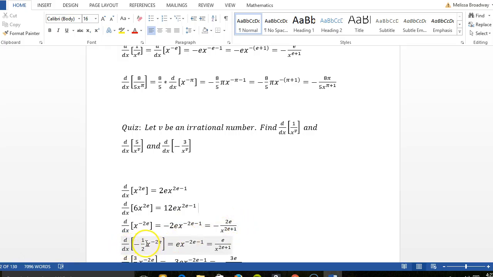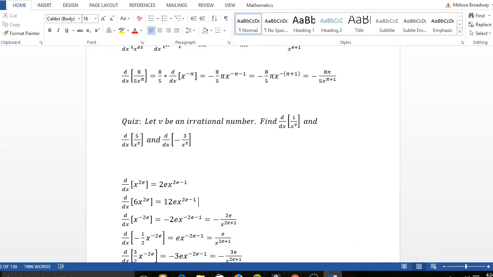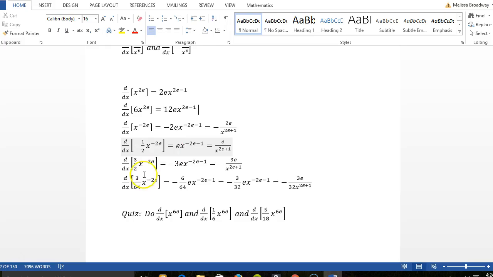Now if I stick a negative half out in front and I have a negative 2 here, that negative 2e is going to bump into this negative 1/2. Now, associativity, that negative 2 and negative half are going to bump into each other and cancel to 1. So you're just left with e times x to the negative 2e minus 1, which again is e over x to the 2e plus 1. Okay, and likewise, 3/2.